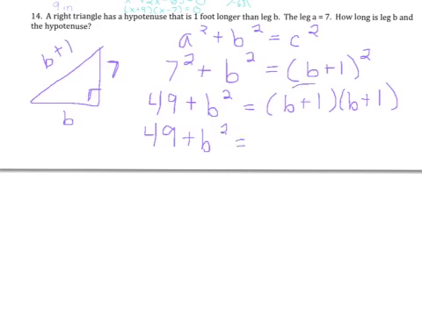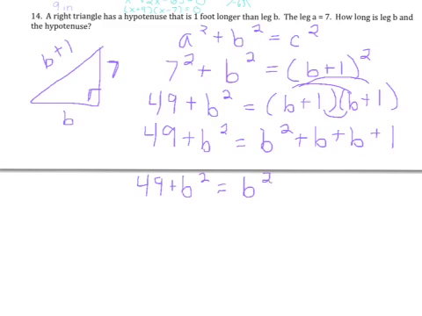So we get B squared plus B plus B plus 1. So 49 plus B squared equals B squared plus 2B plus 1. So I have a B squared here and a B squared here. So I'm going to subtract B squared to the other side. And when I do that, they just cancel out.